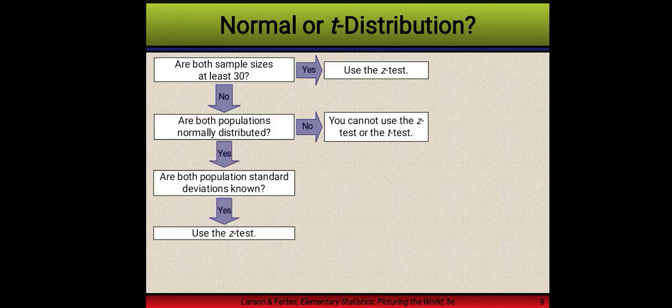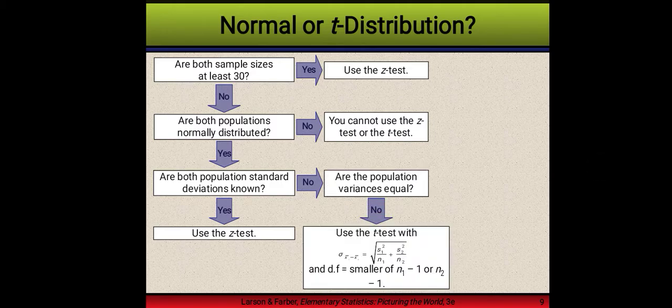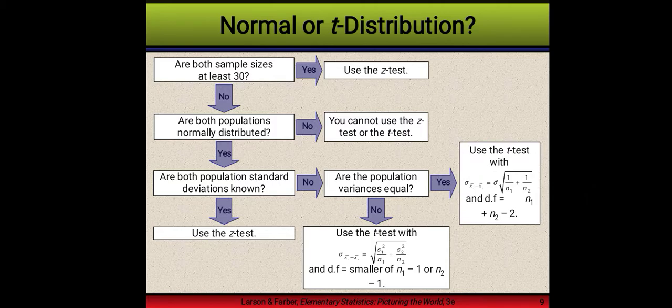Are both population standard deviations known? Then, if yes, use the z-test. And if no, are the population variances equal? And if no, use the t-test with that formula. And if yes, use the t-test with that formula also.